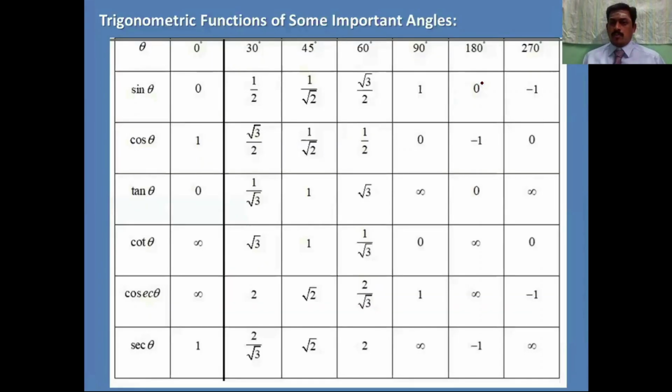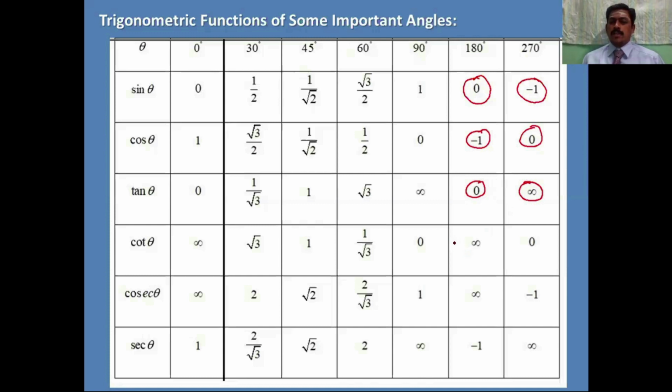So tan 270 degree is infinity. Now we found sine 180 is 0, sine 270 is minus 1, cos 180 is minus 1, cos 270 is 0, tan 180 is 0, tan 270 is infinity. Using this we can easily find cot of 180.